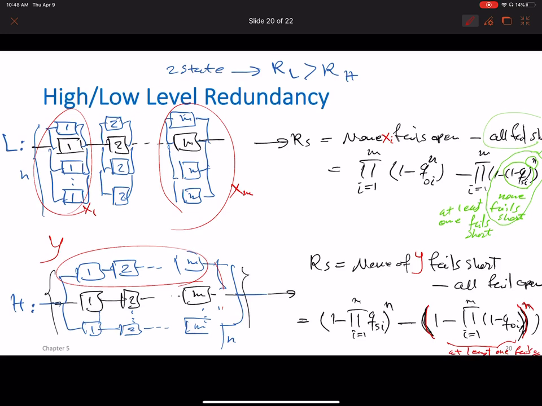And for that, I write 1 minus the probability that none of them fails open. One minus the probability that none fails open is the probability that at least one of them fails open. If at least one of those is open, that Y fails open. And I have n of those Y's. So that whole thing to the power of n gives me the probability that all fail open. What I was looking for here.